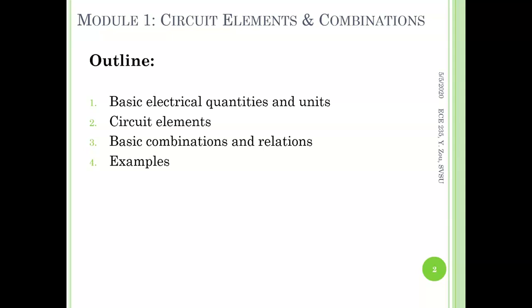Then we will talk about the basic elements that could be involved in a circuit. Next, we will talk about their basic combinations, or say connections, and the resulting relations. At last, we will go through some examples to see how well we understand the material we learned. Okay, so now let's get started.